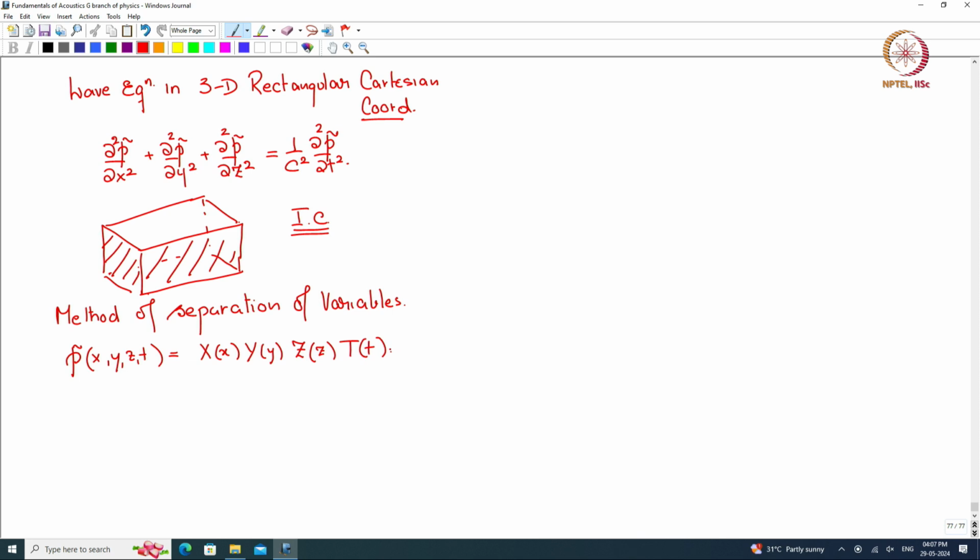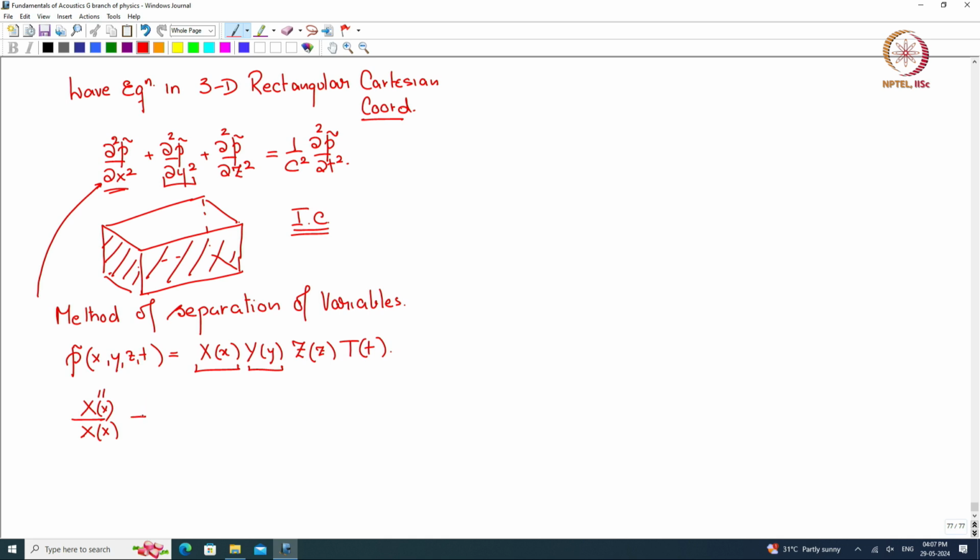Okay. So if we now substitute this, we have seen this earlier also, separation of variables. So the x derivative acts on the function which has only x, the y derivative acts on the function that has y in it, and so on. So what we will get is X double dash by X. By double dash we mean X differentiated twice with respect to its argument.